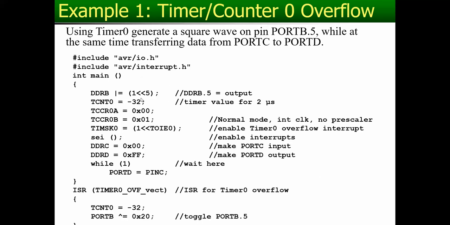I should go through it because you're doing it in assignment problem number 2. You have to write the C code for the assembly code given. So you know that we're making this port an output, port B.5. TCNT0 has been loaded with minus 32. That 32 is actually the gap between 256 and 224.